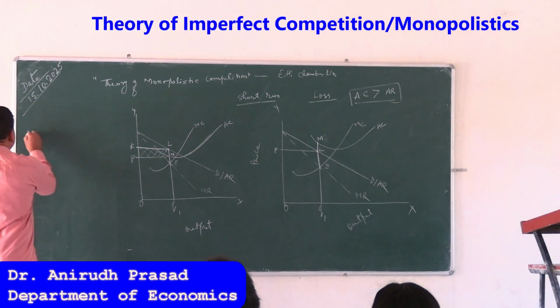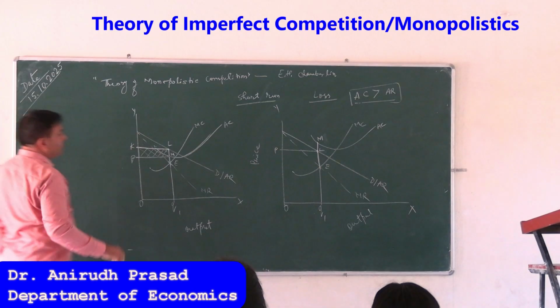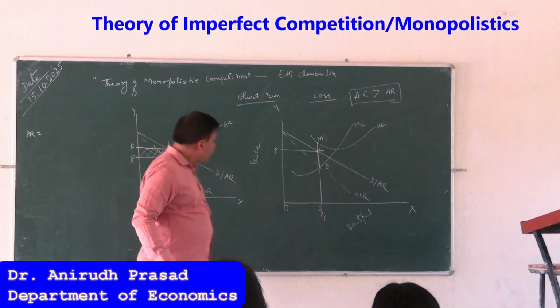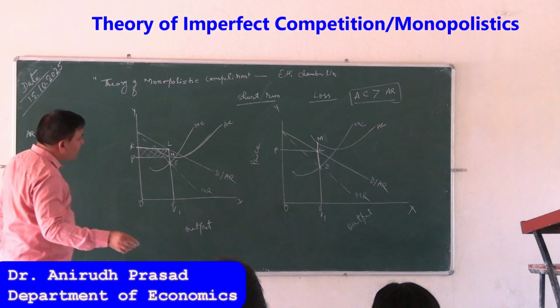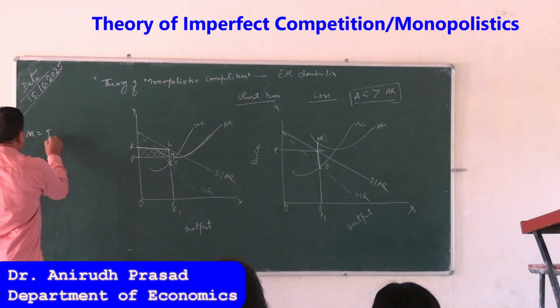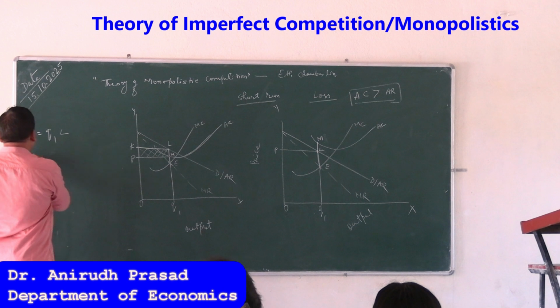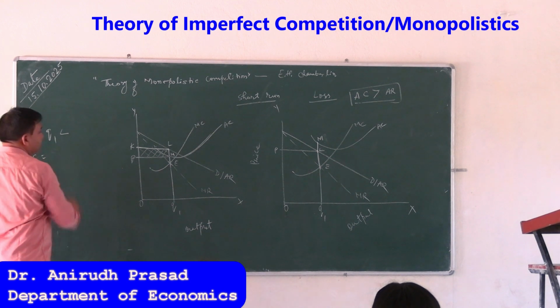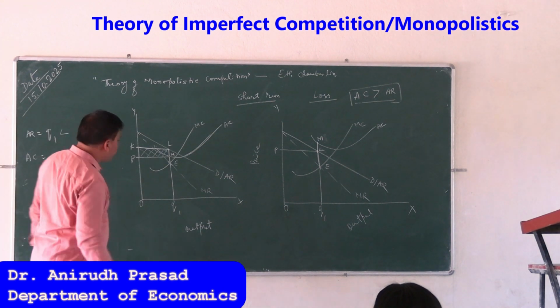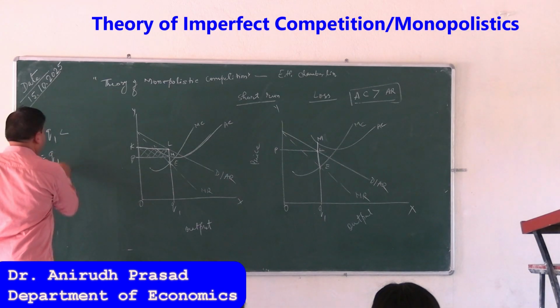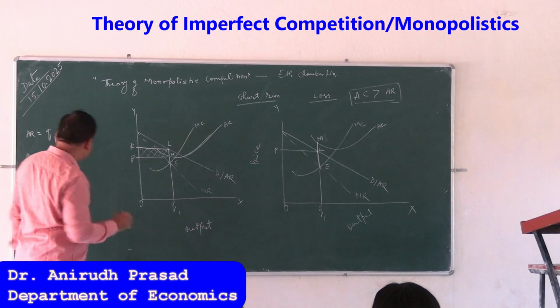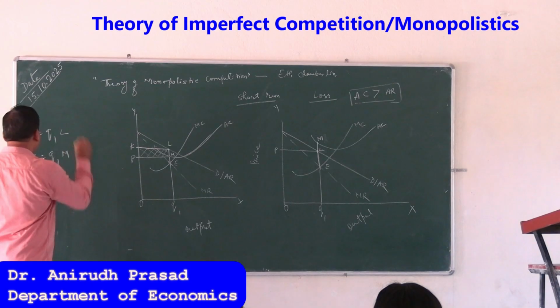So tell me what is the average revenue in this figure? Average revenue is Q1L. Average cost is Q1M.